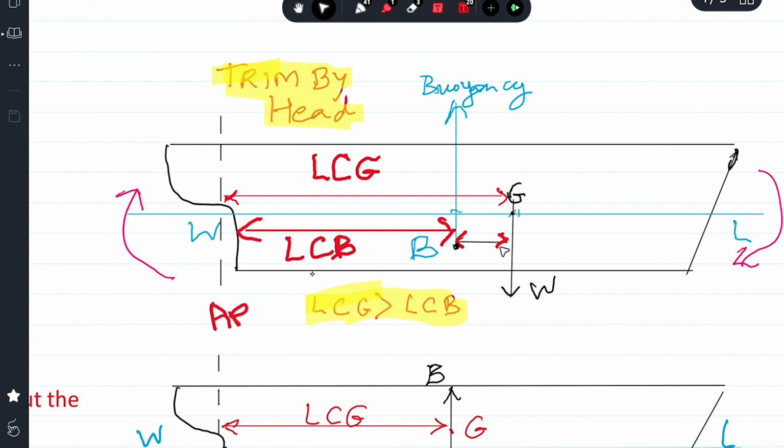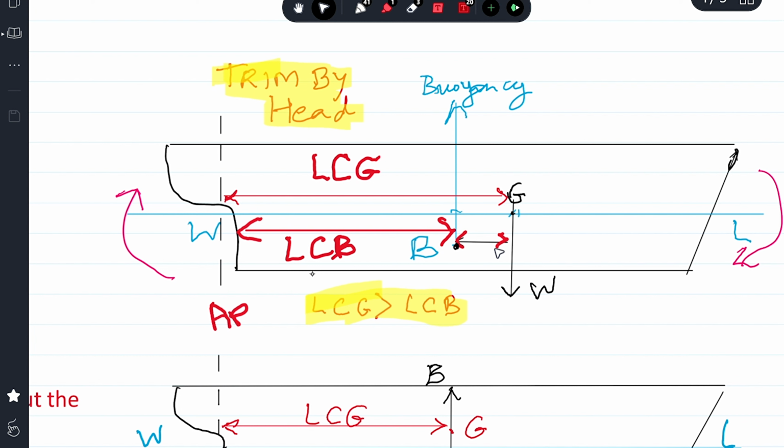So when the ship is trimming, it will keep trimming by head or by stern until the center of buoyancy also shifts and comes directly under the center of gravity, and then she will be in static equilibrium.